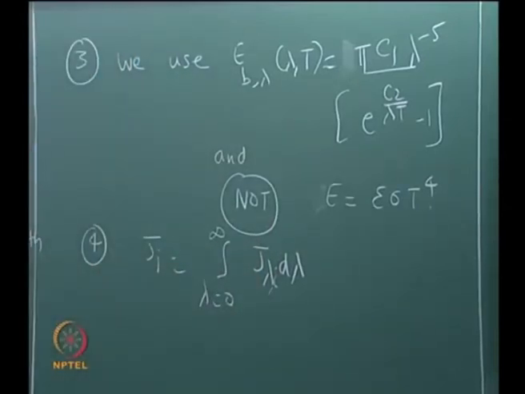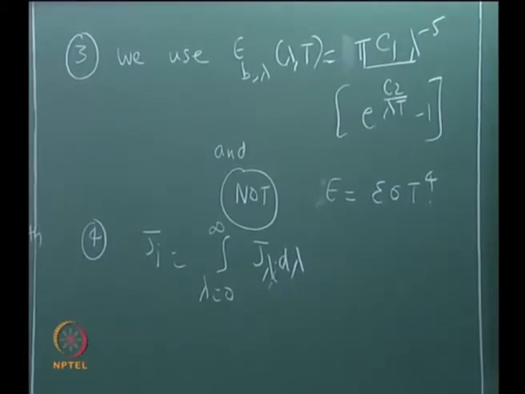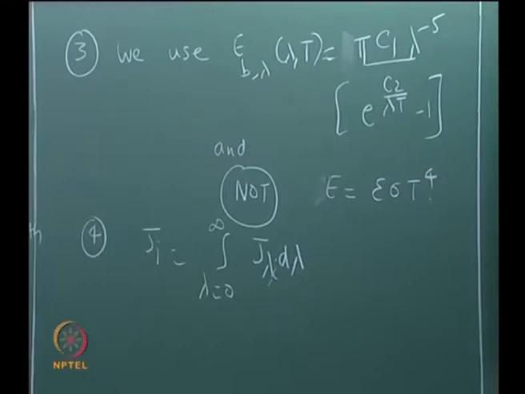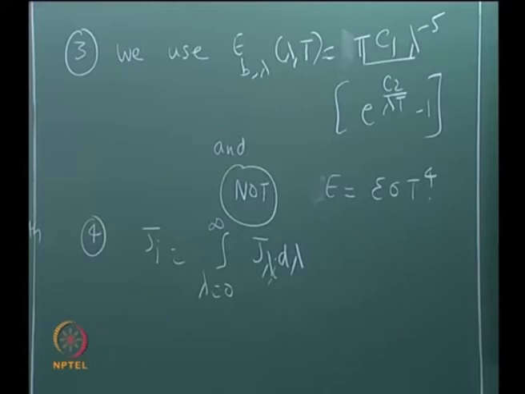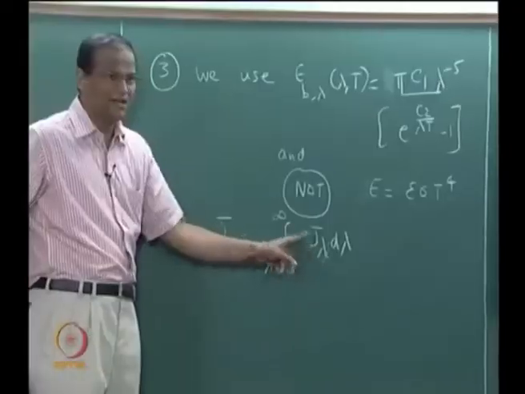If you do not like J lambda i, you can use J i lambda, it does not matter. Lambda and i must come, lambda is spectral and i is the ith surface. We just want to leave it as J lambda because we are talking about radiation heat transfer in an n surface enclosure. So this makes it the spectral radiosity formulation.